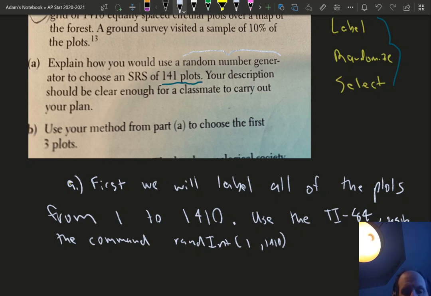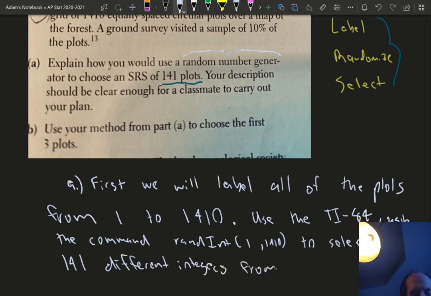All right, and then we're going to use randInt to select 141 different integers from 1 to, obviously, 1,410, and we will select the corresponding 141 plots.